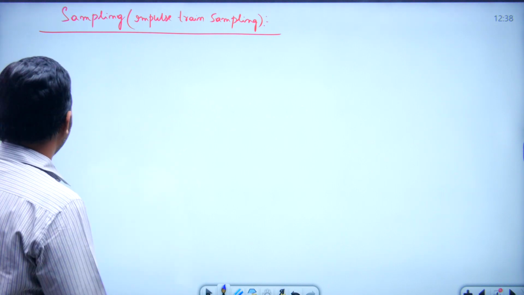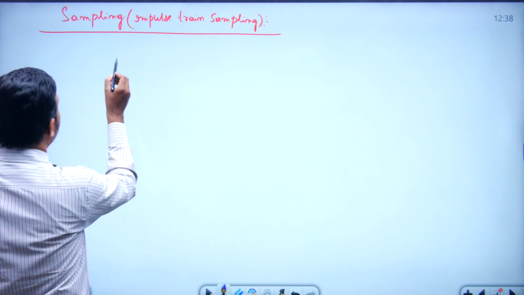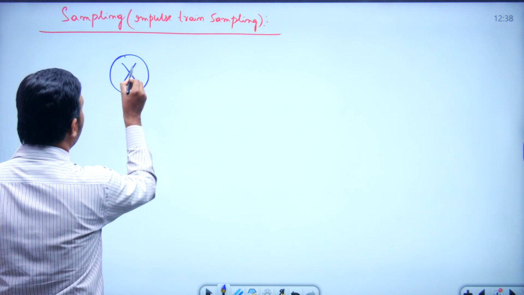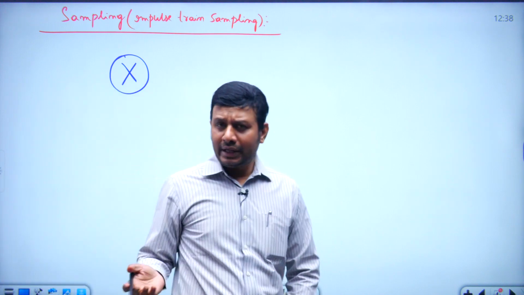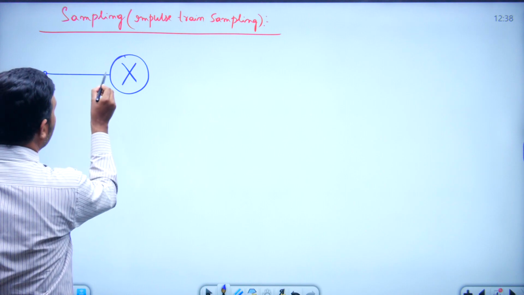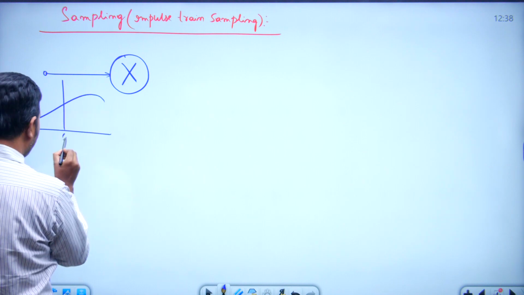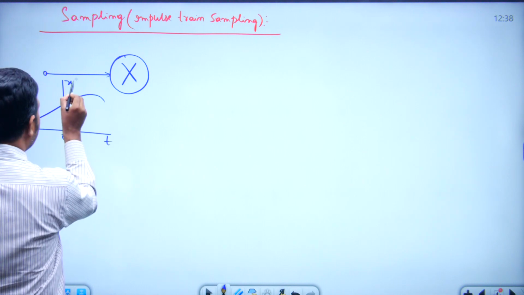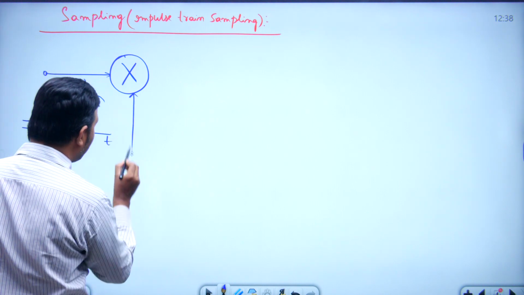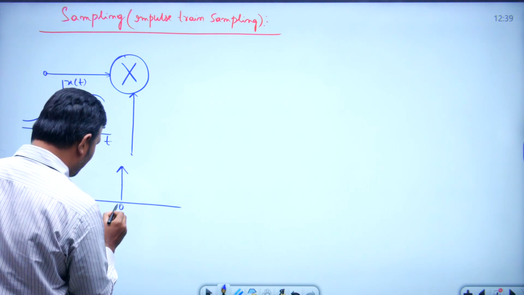How is that done? Observe here. In order to sample a continuous time signal, I am going to take a multiplier. What is the purpose of this multiplier? To multiply the input signals. One input to the multiplier is the continuous time signal, which I want to convert into a discrete time signal, and the other input to the multiplier is the impulse train signal, which we have seen just now.